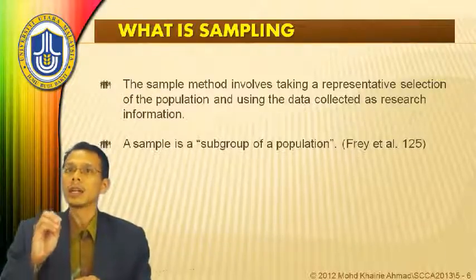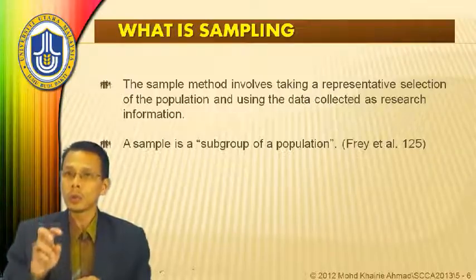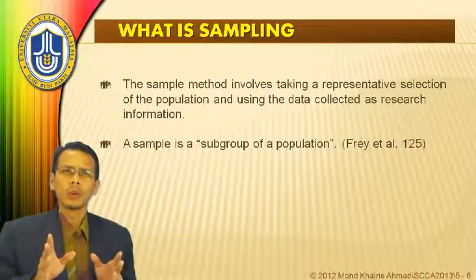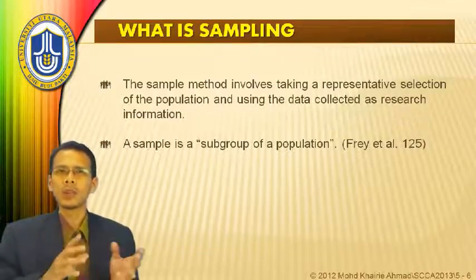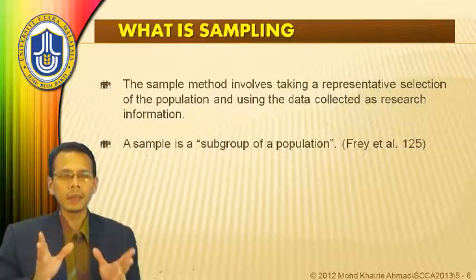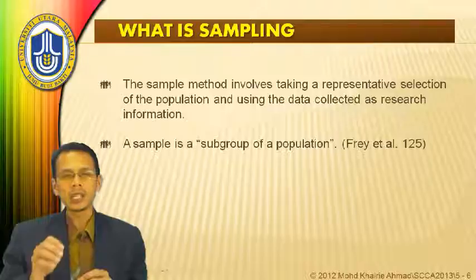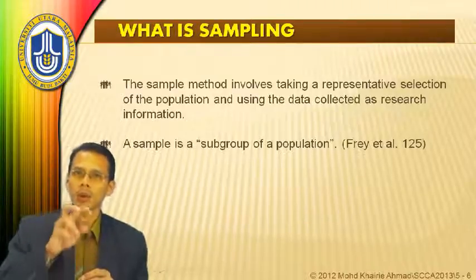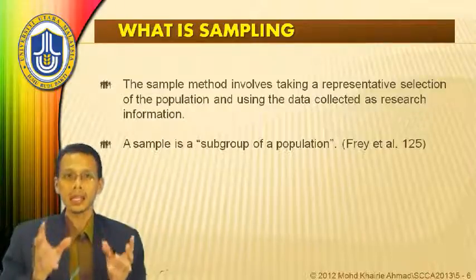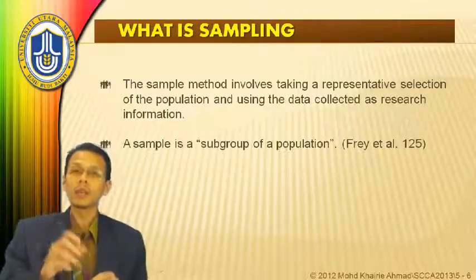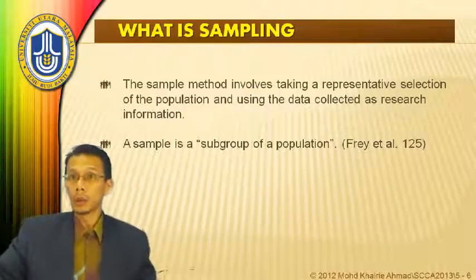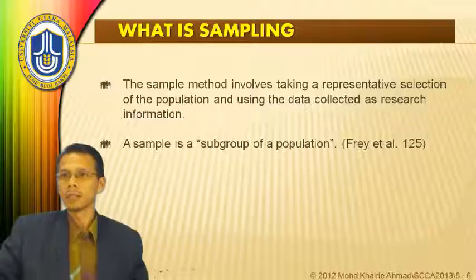It is a representative or subgroup from a population. So, based on these two definitions, we can have some very brief understanding. Sampling is actually a group of people, or maybe a situation or data, that we're going to gather from a larger group of people or data.